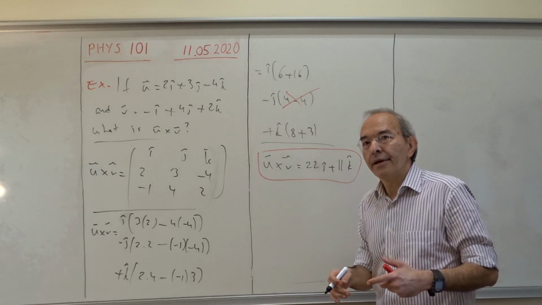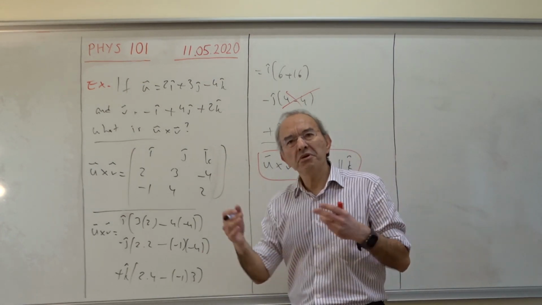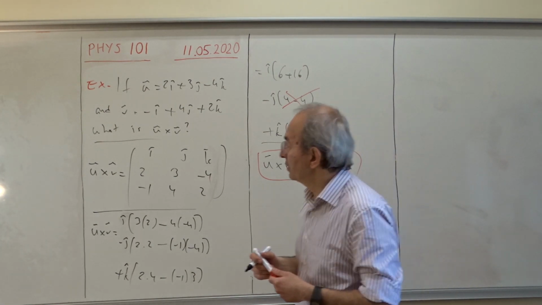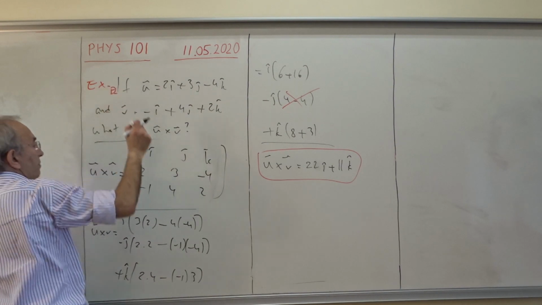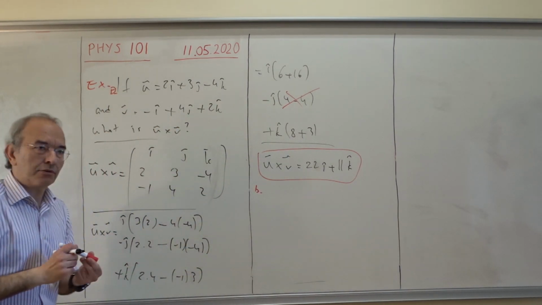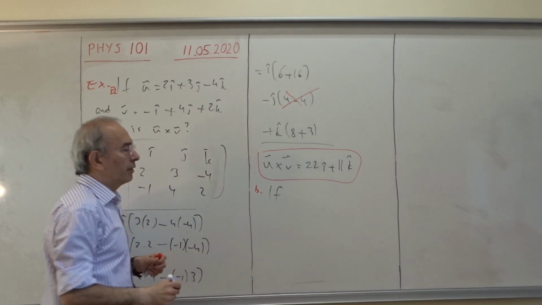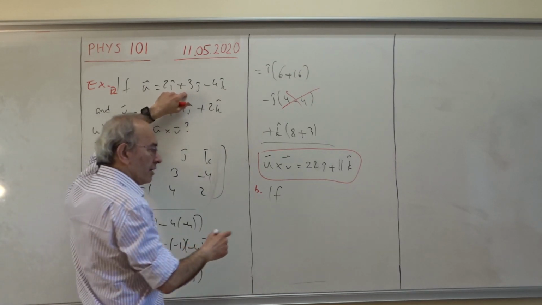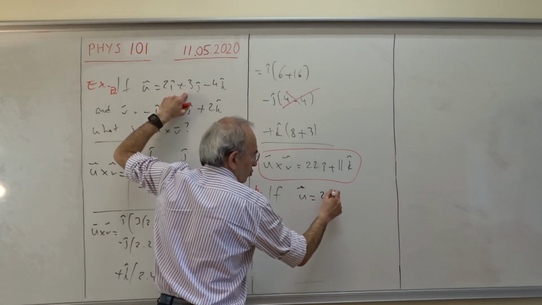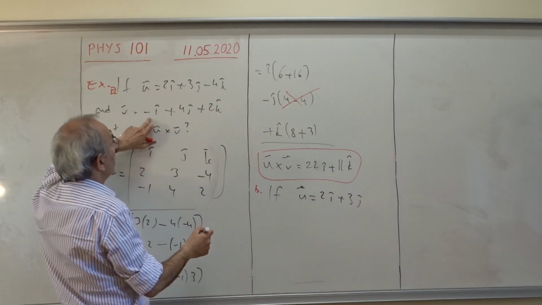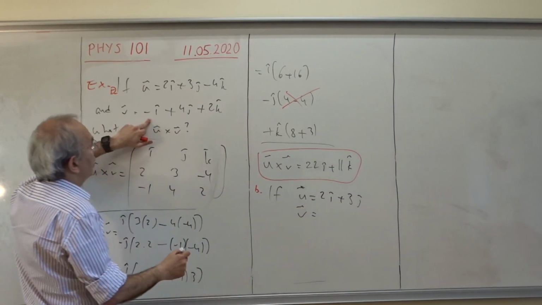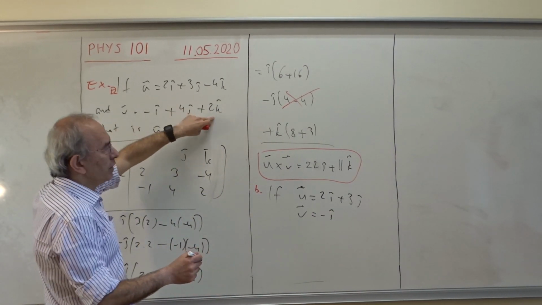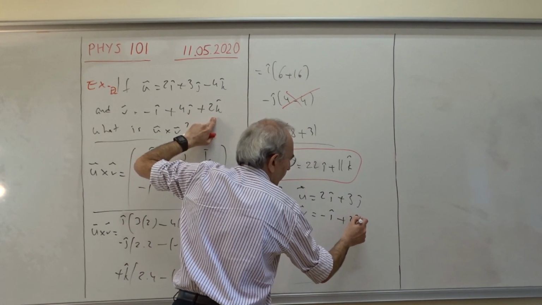What do we get if one component is missing, for instance? So let's do the second case. Let me call A, for instance, and B is a simpler one. If one component is missing, we only have U equal to 2i plus 3j, and V equal to, let's say, minus i, no j, but plus 2k.